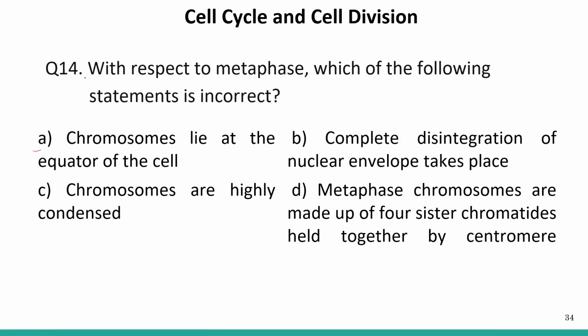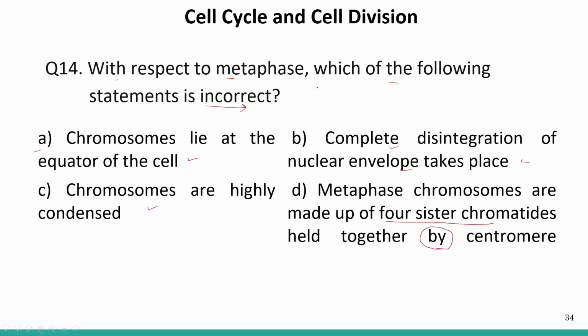Let's talk about the next question. Here they are saying, with respect to metaphase, which of the following statements is incorrect? First, chromosomes lie at the equator, this is true. Complete disintegration of nuclear envelope, true. Chromosomes are highly condensed, true. Metaphase chromosomes are made up of 4 sister chromatids held together by the centromere.